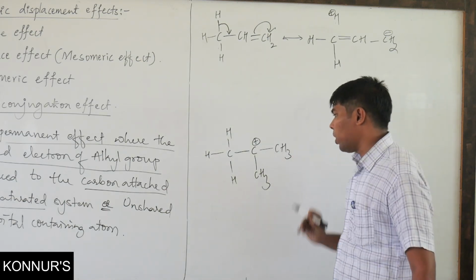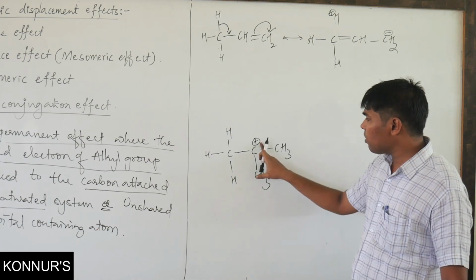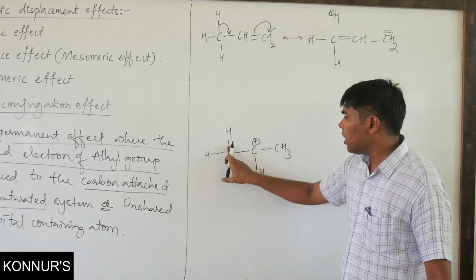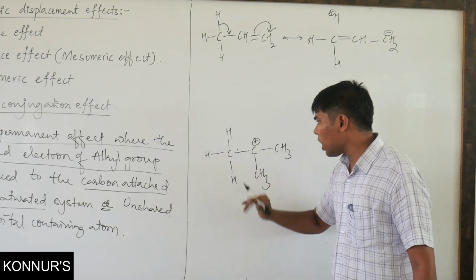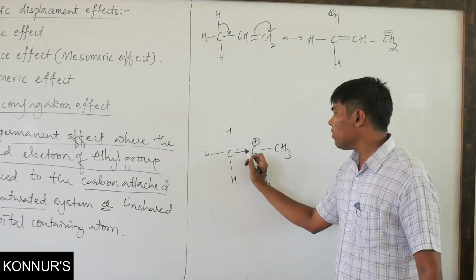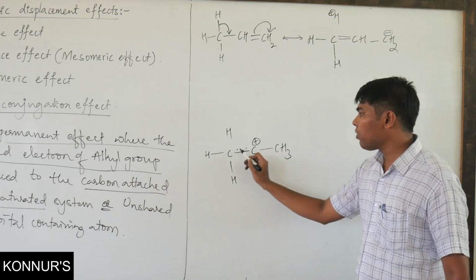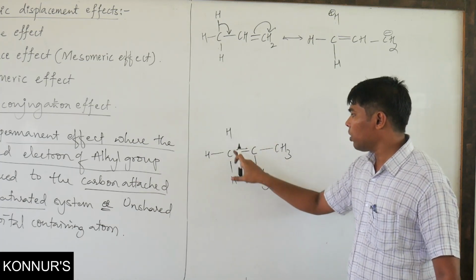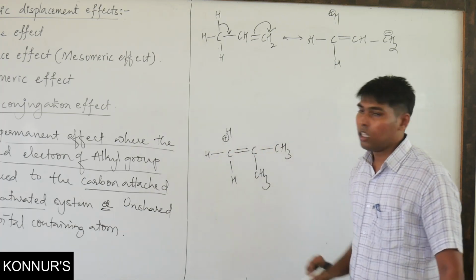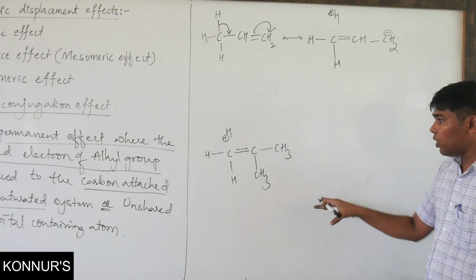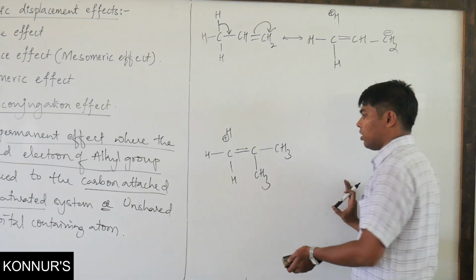Now coming to this point, where there is electron deficiency on this carbon, the carbon's electron remains on the carbon only, and the hydrogen will give its electron to this carbon. So the electron deficiency goes because it has taken away this electron, and now the hydrogen becomes electron deficient. So this is one hyperconjugation structure.